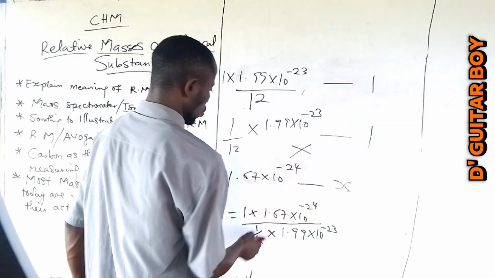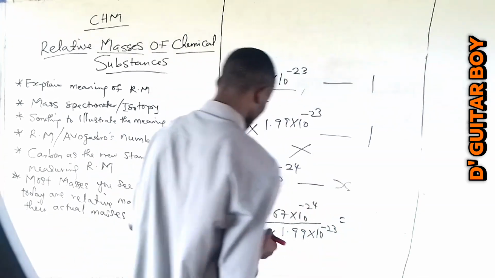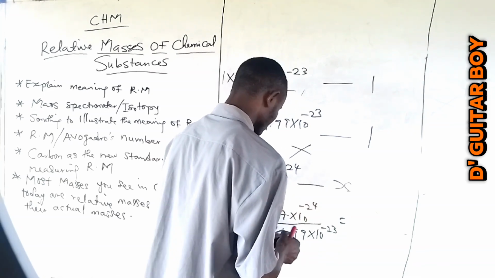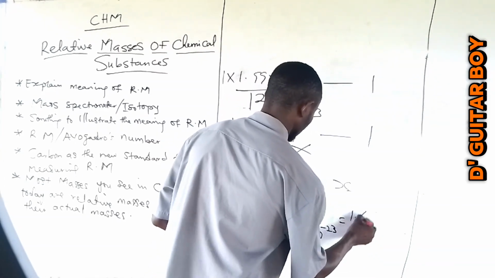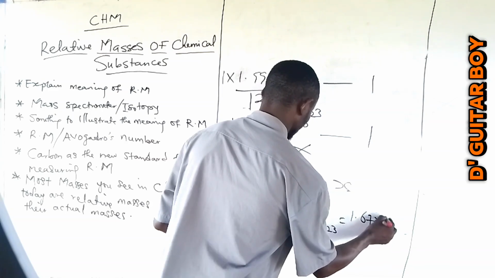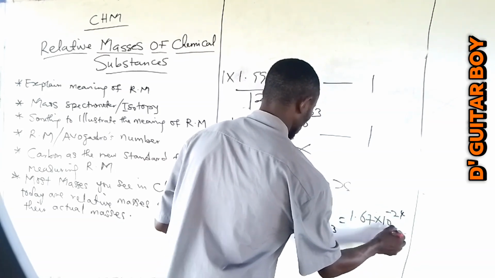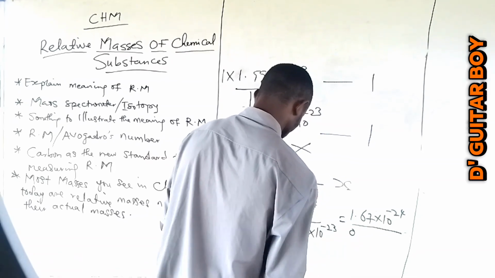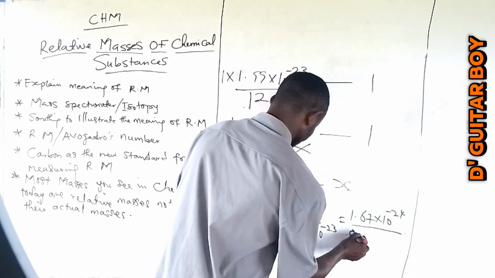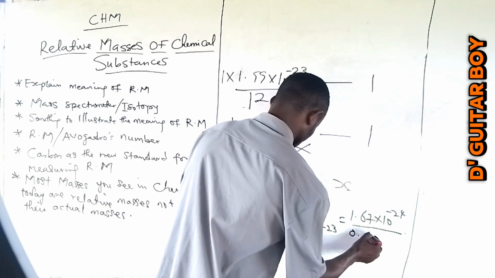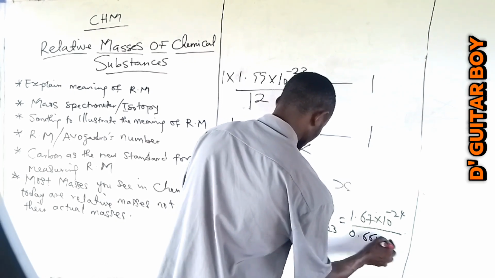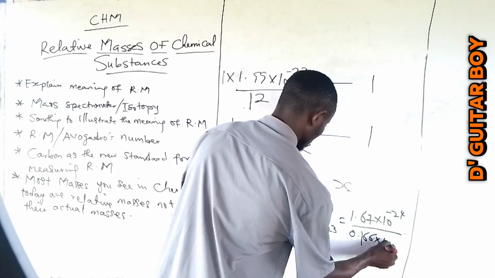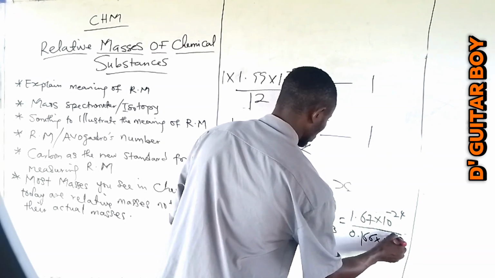So if you do this, the thing you have here is the same thing as 1.67 times 10 raised to the power minus 24 all over 0.66 times 10 raised to the power minus 23.